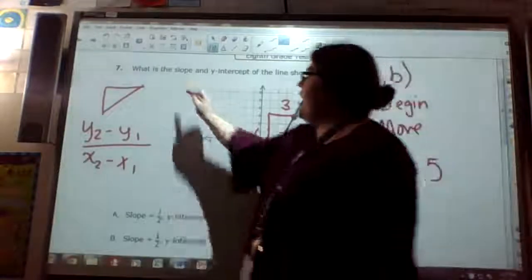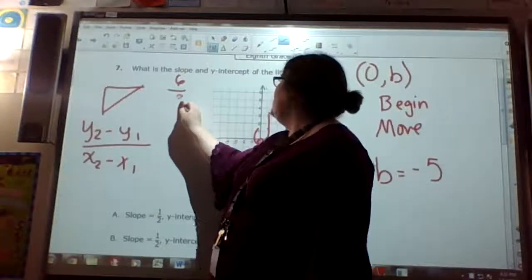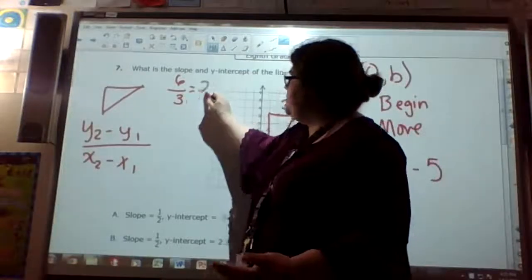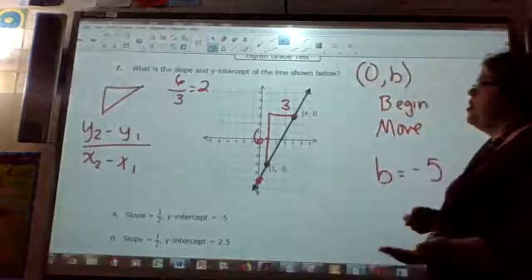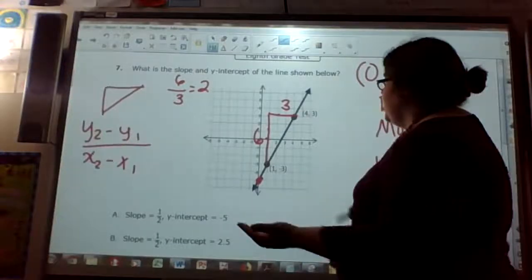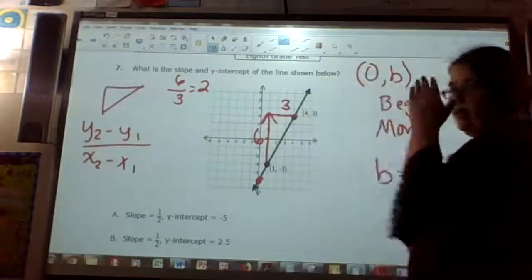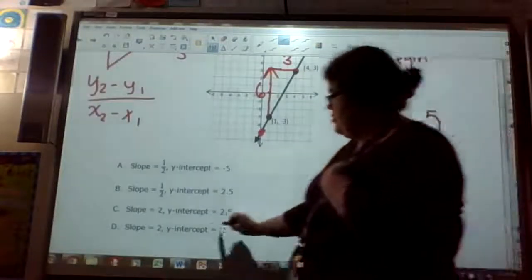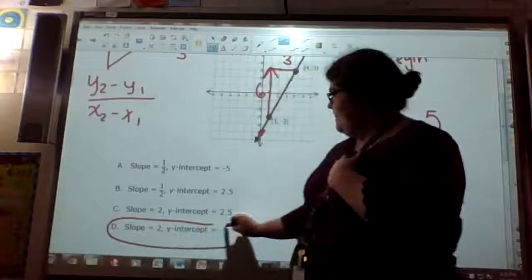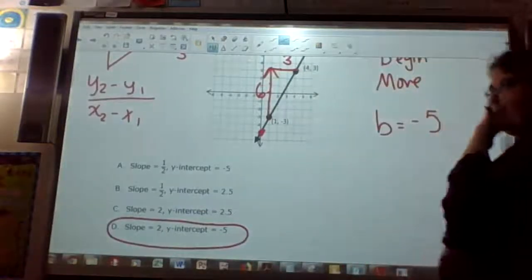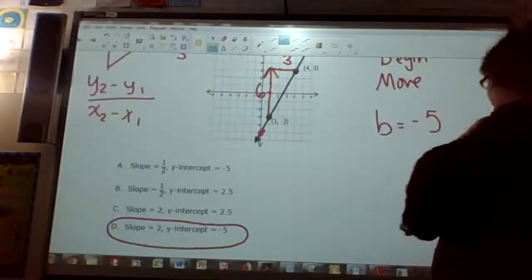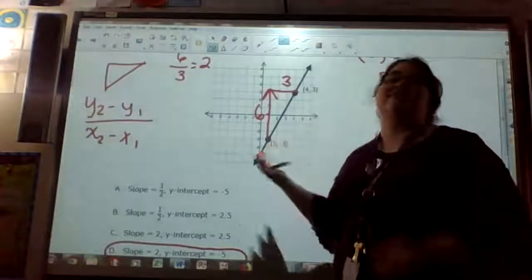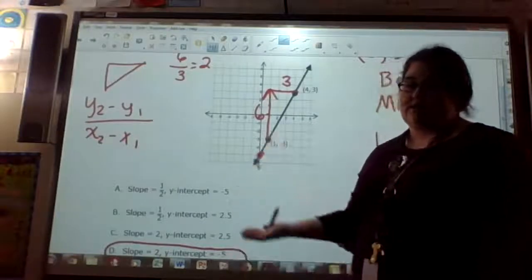So I take my rise and I divide by my run. 6 divided by 3 equals 2. So my slope is going to be 2, and it's positive because I'm going up and to the right. And my y-intercept is -5, which is D. Okay. When you have a graph, that begin and move is going to be your easiest bet. It's going to be less stressful.